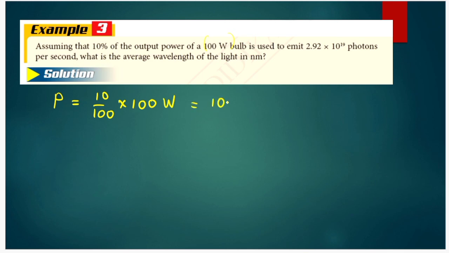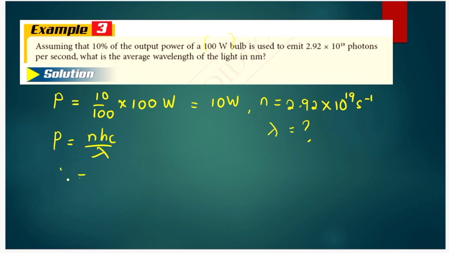First, calculate 10% of the power, which equals 10 watt. n equals 2.92 times 10 to the power of 19 second to the power of -1. Find the value of lambda.